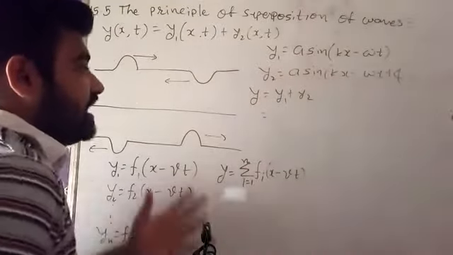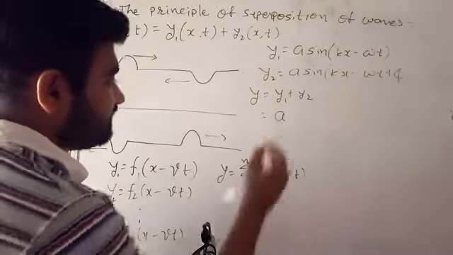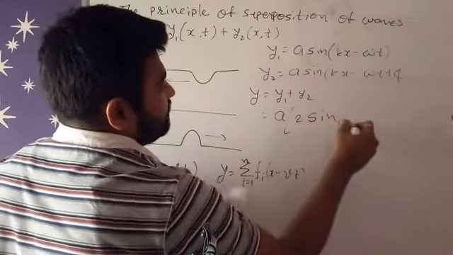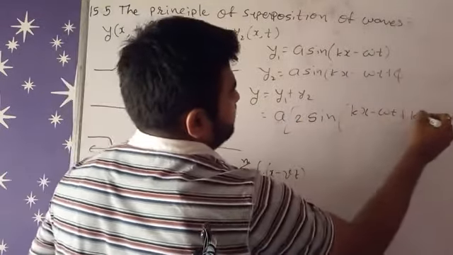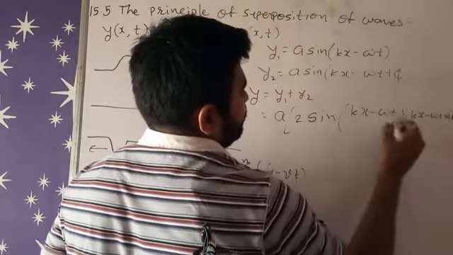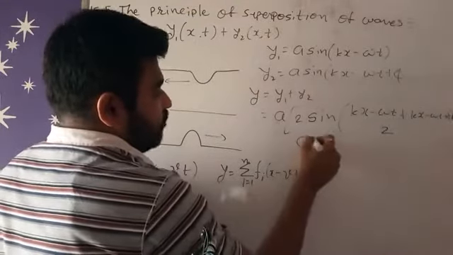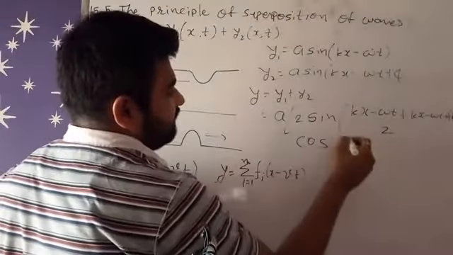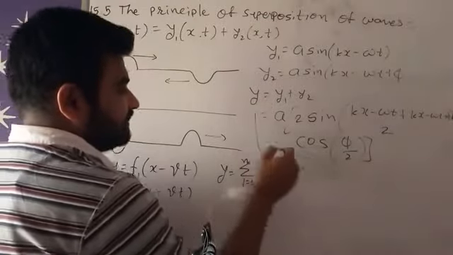That means sin plus sin, which gives 2 sin of the summation divided by 2, that is (kx minus omega t plus kx minus omega t plus phi) by 2, and cos of the subtraction divided by 2, so we are left with only phi by 2. So this is the whole equation, right?